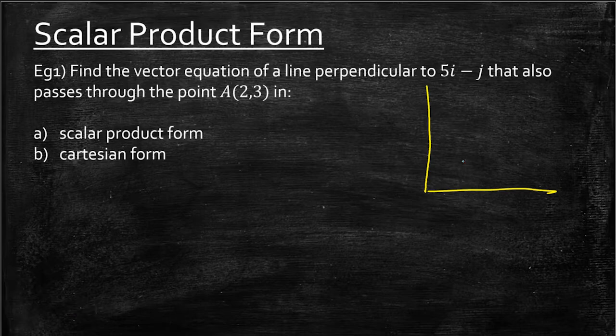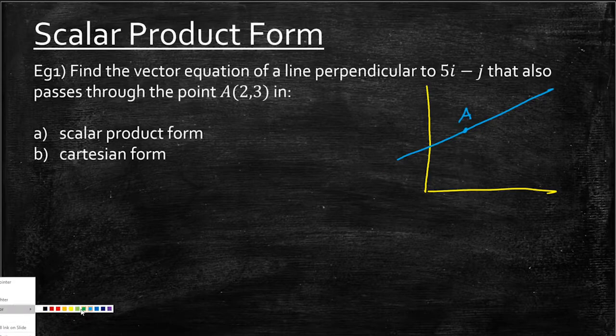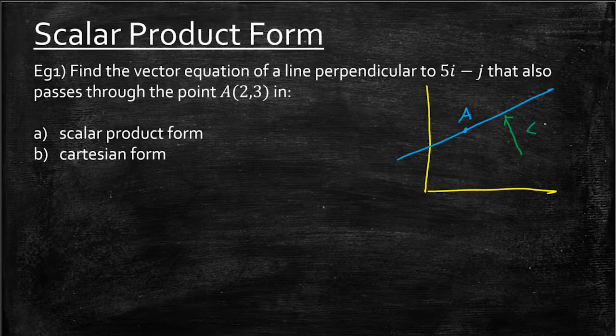So we want to find the equation of the blue line. They've told us the point on the line. So the point A is over there. And they've also been really nice. And they've actually told us what the perpendicular line is going to be. Okay. Because we want to find the vector equation of the line perpendicular to 5i take away j. So that's our normal vector there.